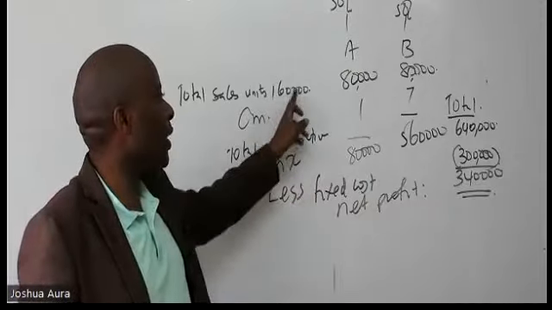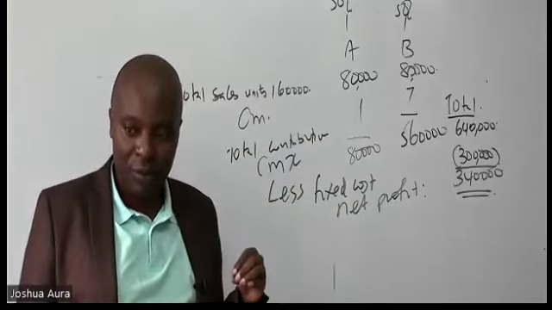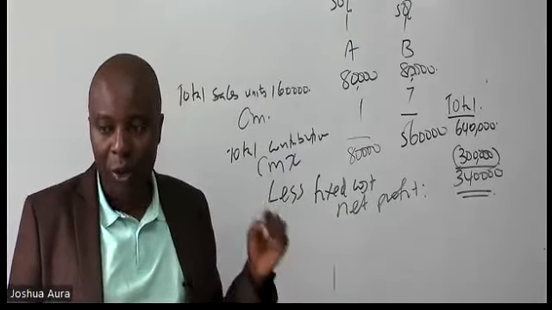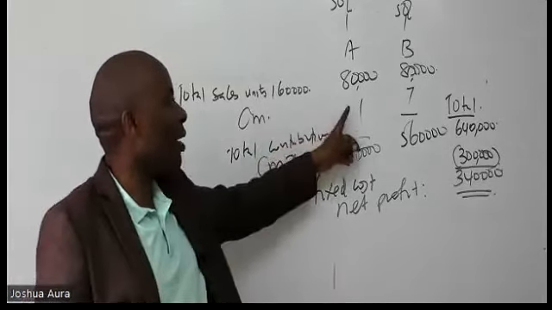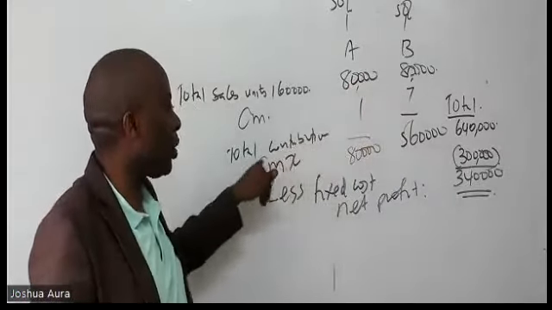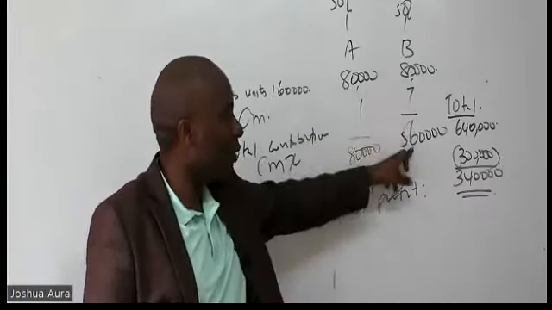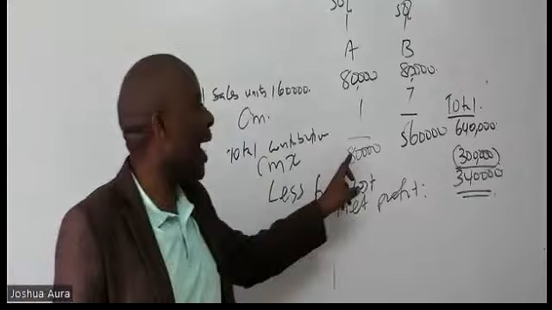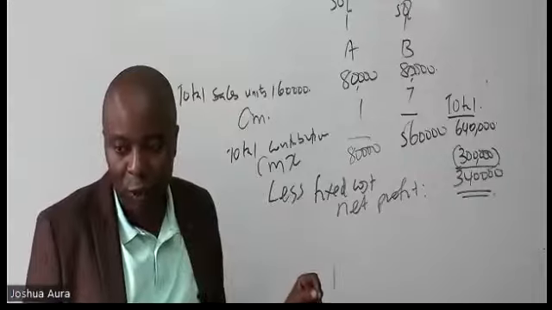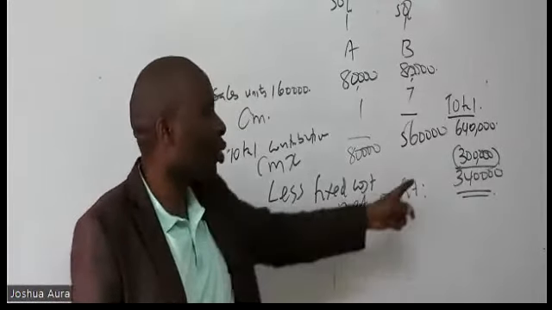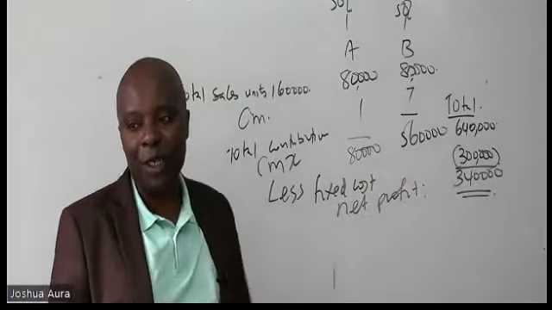So 50% of this gave me 80,000, 80,000. The contribution margins will not change. Those will remain the same. Contribution margin for A is 1, for B is 7. So I got the total contribution by taking this times the contribution margin. This gave me 560, and adding the two gave me 640,000. Then I subtract our fixed cost. Fixed cost of how much here? 300,000. So I arrived at a new net profit of 340,000.